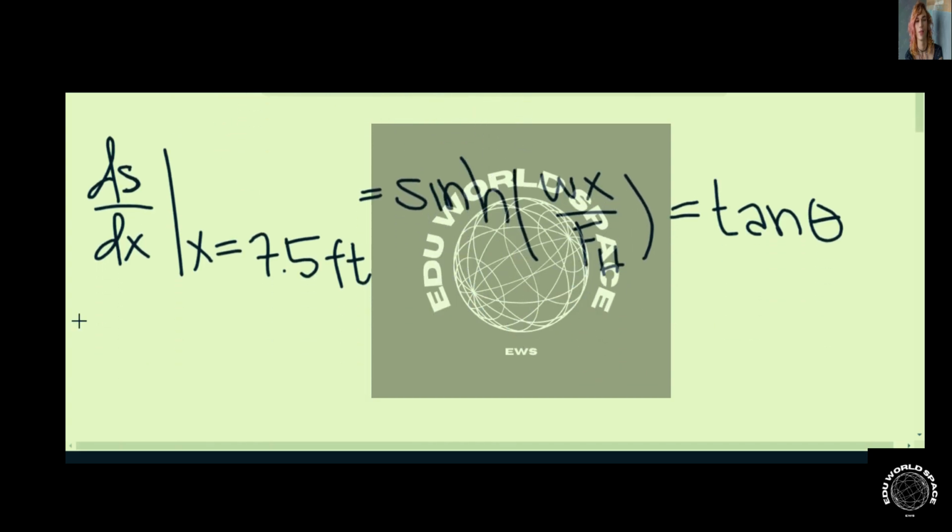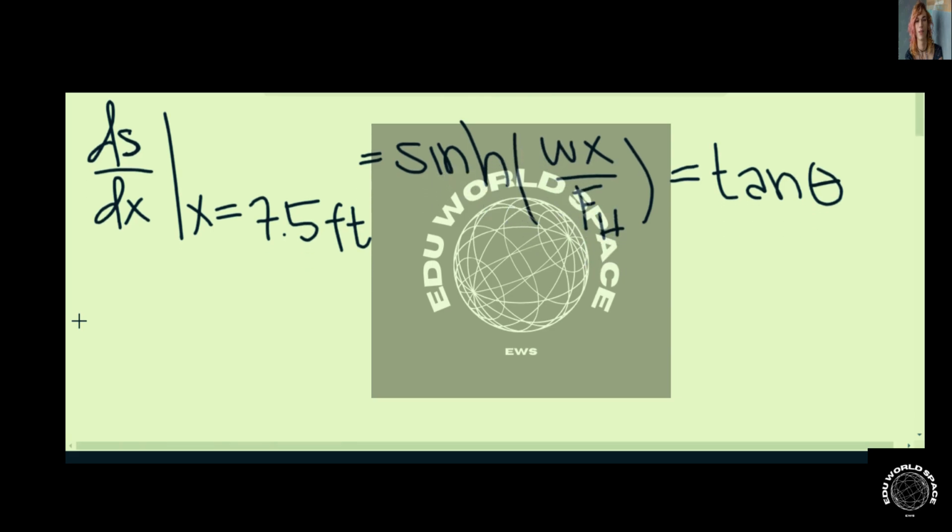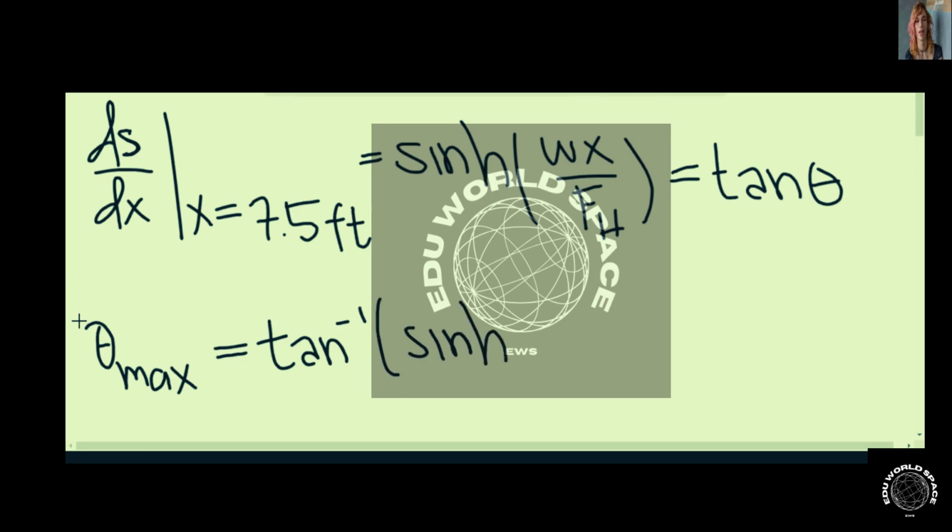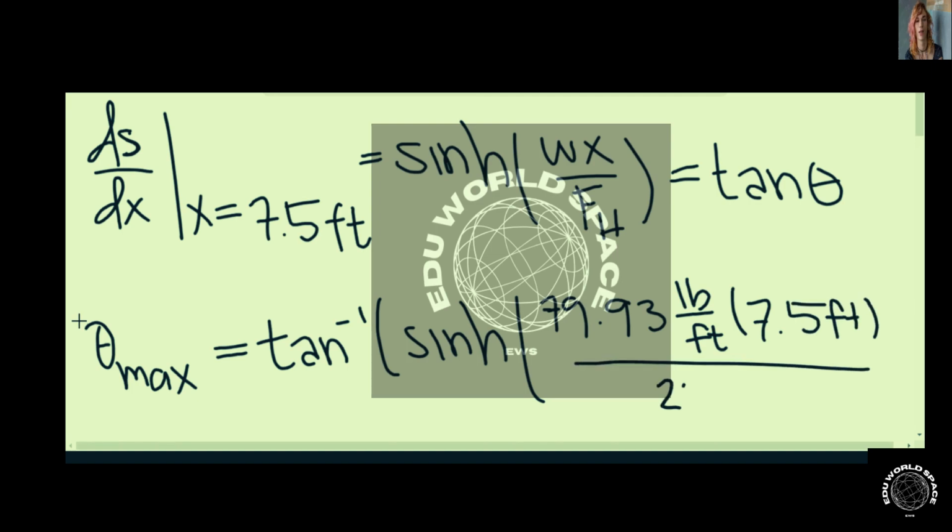So when we plug in our known values for wx and f sub h and take the inverse tangent of the left-hand side, theta max will be equal to the inverse tangent of the hyperbolic sine times 79.93 pounds per feet times 7.5 feet over 200 pounds.